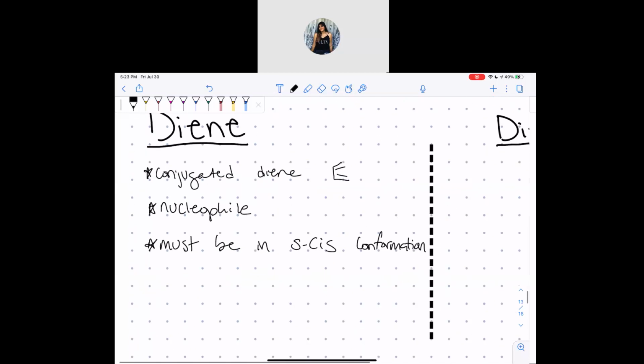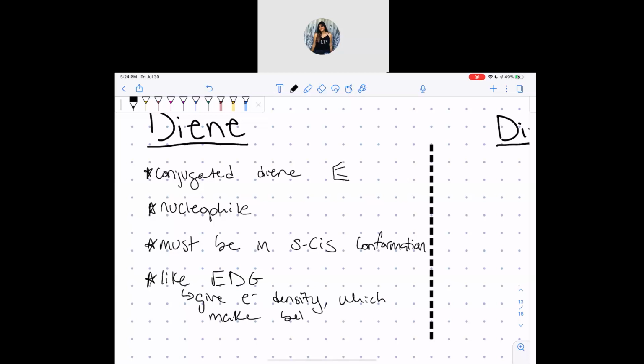And it likes electron donating groups because electron donating groups give electrons, which make better nucleophiles.